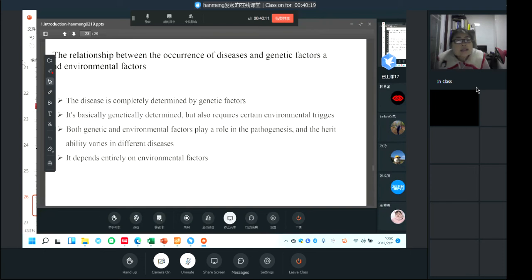Some disease is basically genetically determined, but also requires certain environmental triggers. And some disease must need the genetic and environmental factors in the pathogenesis, but the heritability varies in different diseases.